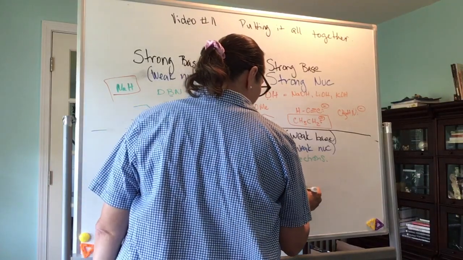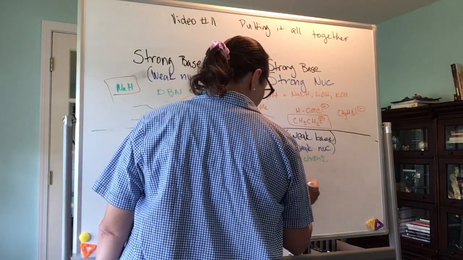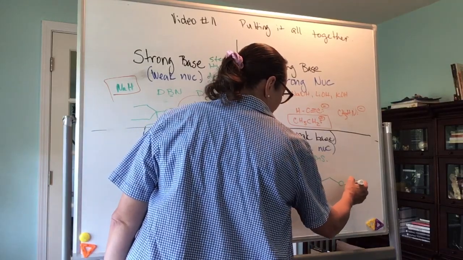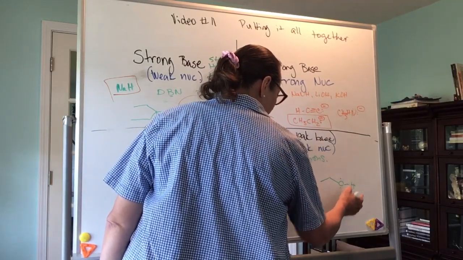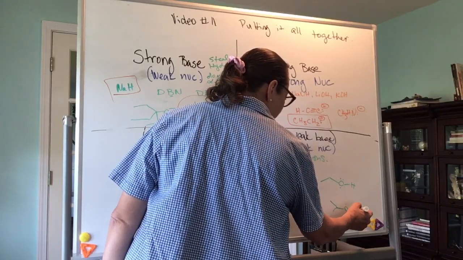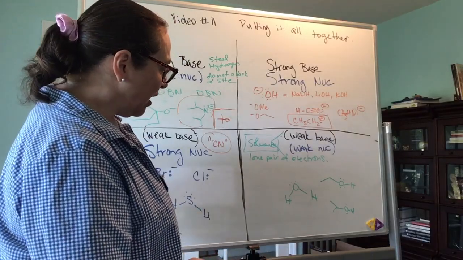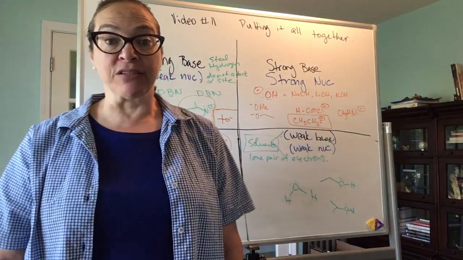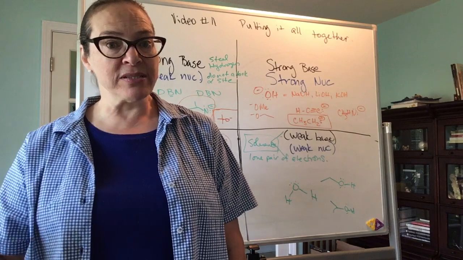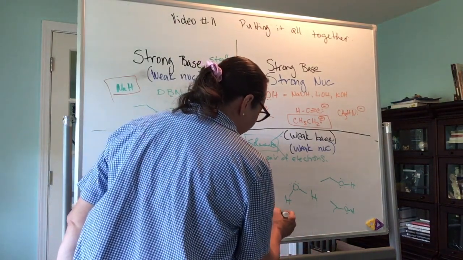So things that fit into this category are protic solvents. Classic examples are water, ethanol, maybe even isopropanol. Any kind of neutral lone pairs of electrons on an oxygen are the most common ones. Occasionally, you will find something that has a nitrogen.